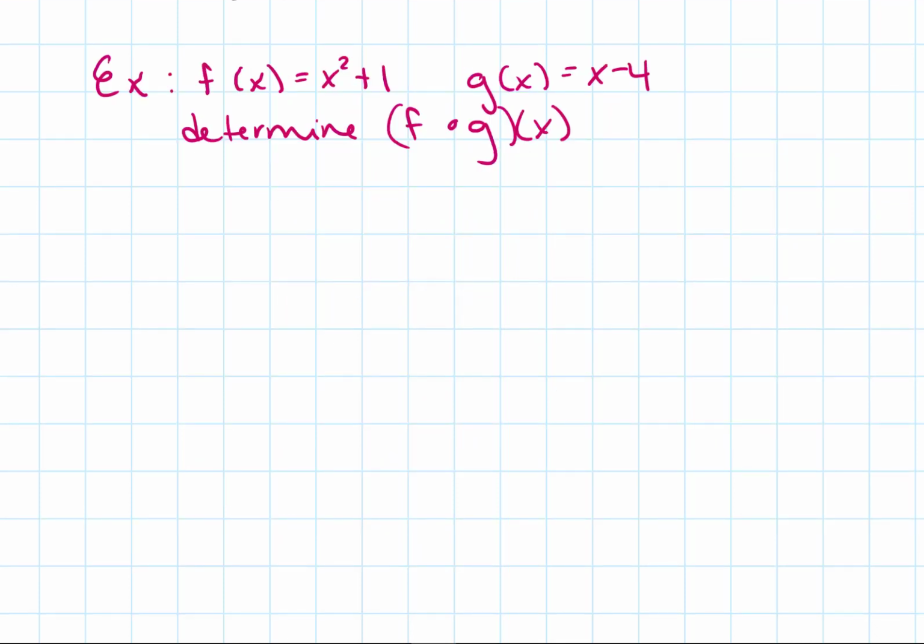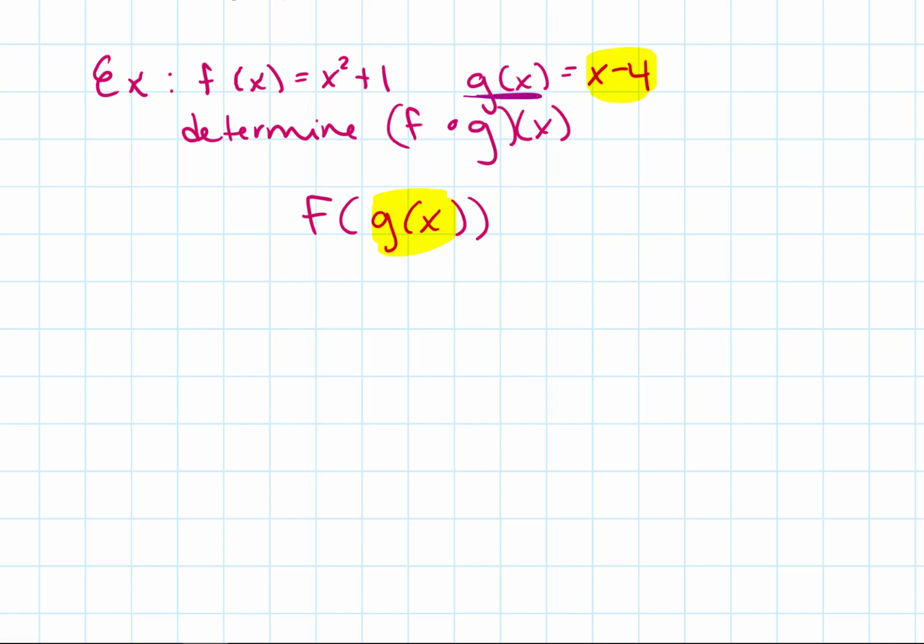So here's our example. f of x is equal to x squared plus 1. g of x is equal to x minus 4. Determine the composite function. So we're going to first rewrite this, f of g of x. Then what we're going to do is we're going to take g of x and we're going to replace it with x minus 4.